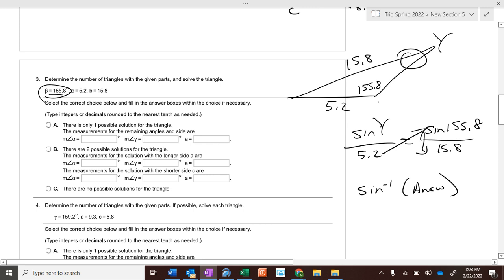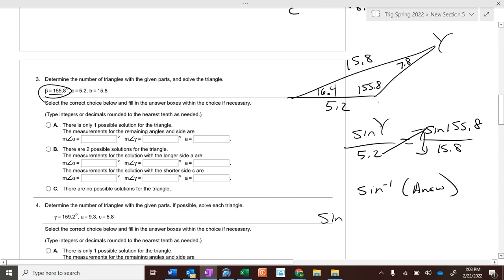So what's this angle if you do your math? I bet it's fairly small. What? 7.8? So if this is 7.8, then add these two together, that's 163.6. So if that's 163.6, this would be 16.4, right?